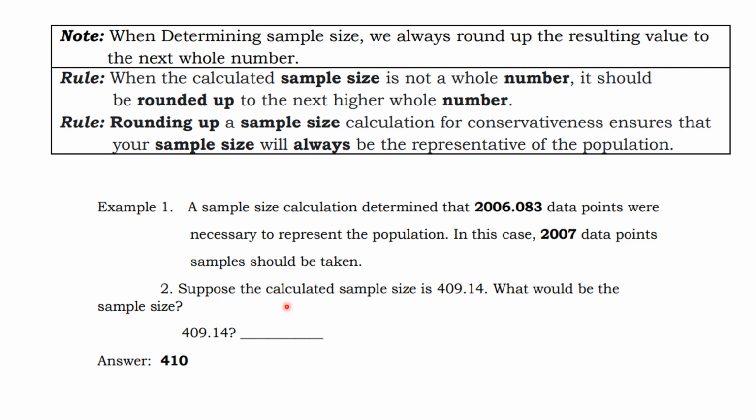Next, suppose the calculated sample size is 409.14. What would be the sample size? In this case, the sample size must be 410, even if the next digit after the decimal point is not equal to or greater than 5. So that is the process of how to round up the sample size.